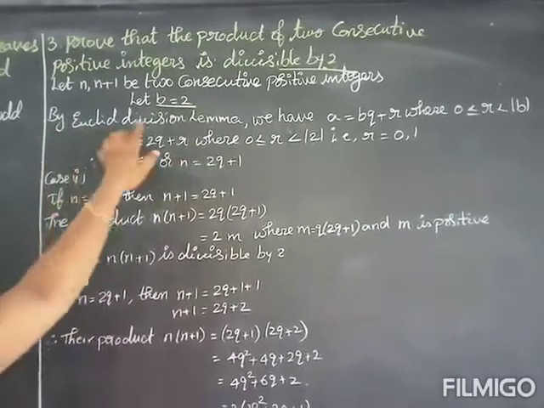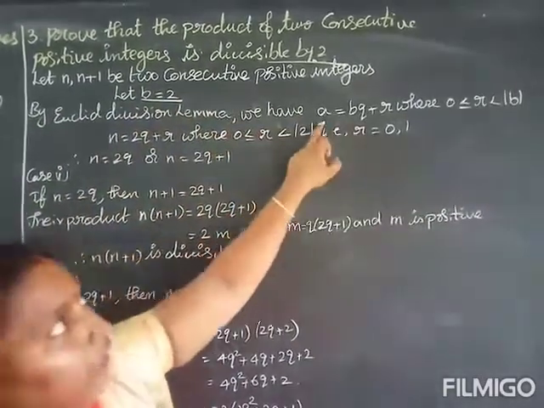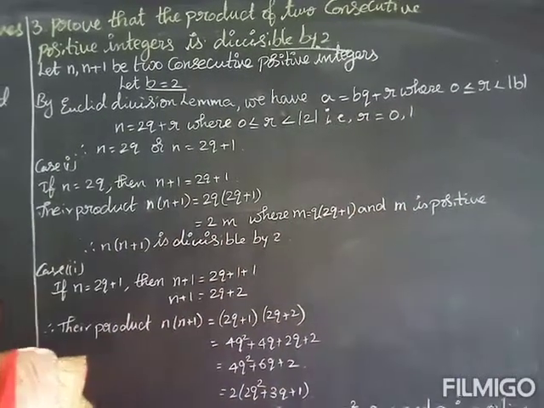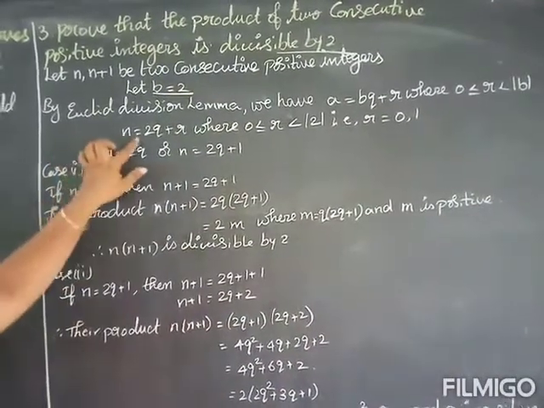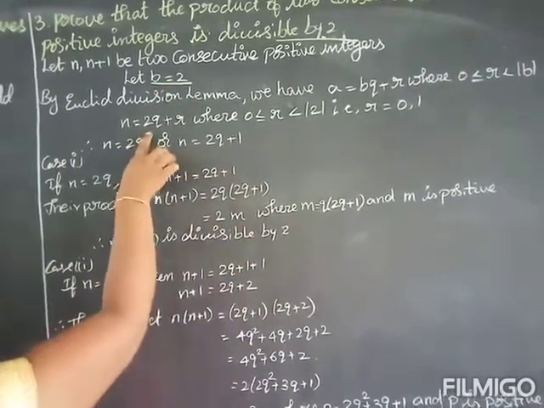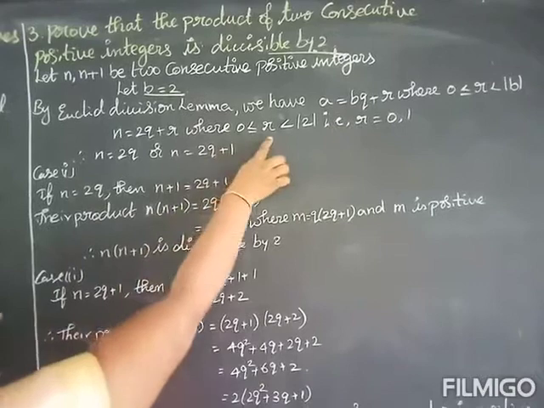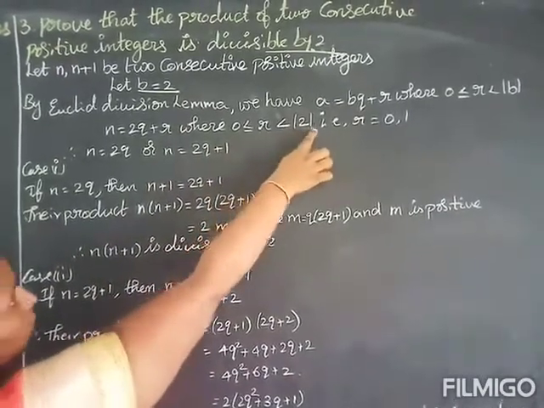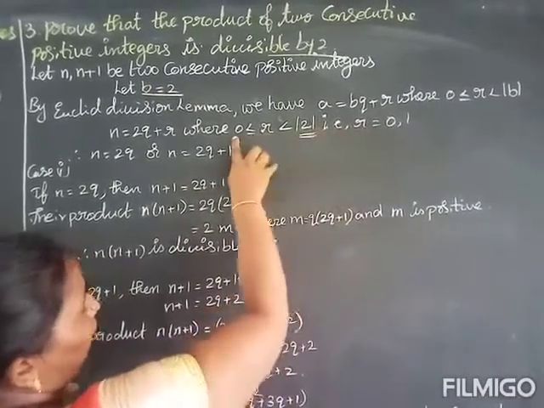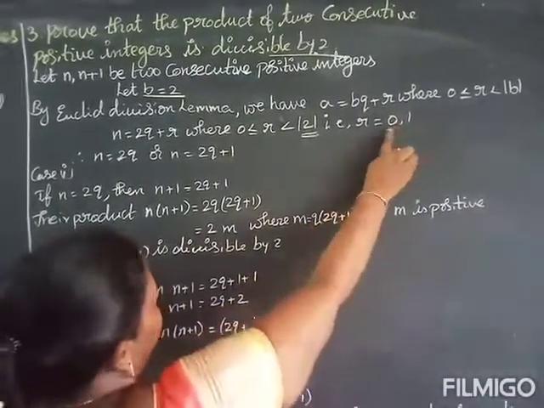So by Euclid's division lemma, we have a = bq + r, where 0 ≤ r < |b|. So n = 2q + r, where 0 ≤ r < |b|. What are the possible remainders? 0 and 1.